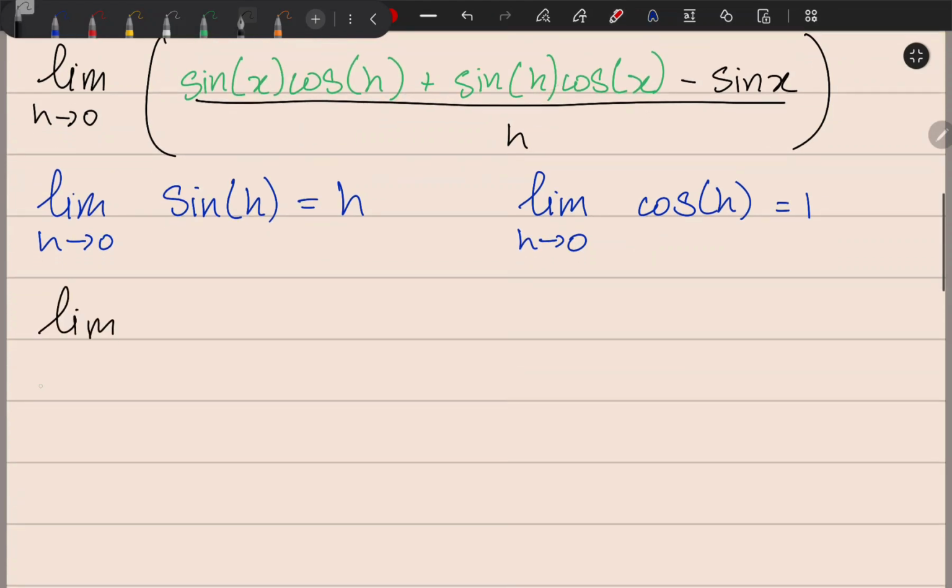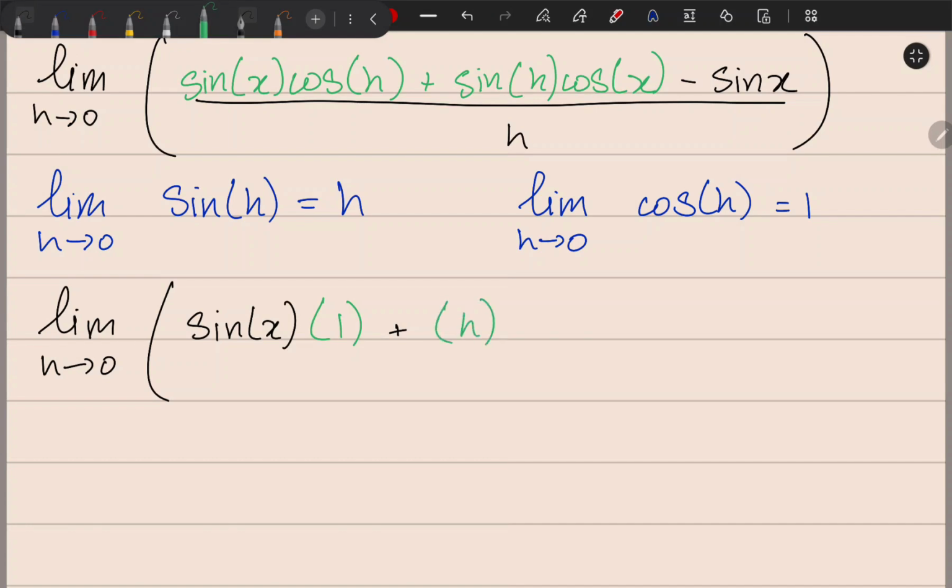So the limit as h approaches 0 of sin x cos h, and cos h, remember, was just 1, plus sin h, remember sin h is h, into cos x, minus sin x all over h.